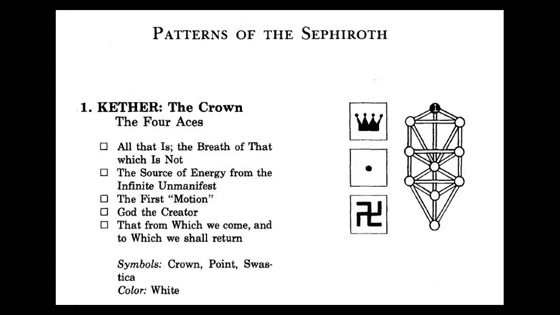The God name in Kether is Ehieh, meaning I will be, a name which has been likened in its sound and meaning to breath. To the point is attributed the number 1 which, mathematically, has the potential for all other numbers, by simple addition. If we take the number 1 and place another number 1 beside it, we have 2. If we take a third 1, we have 3 ones, that is, 3.